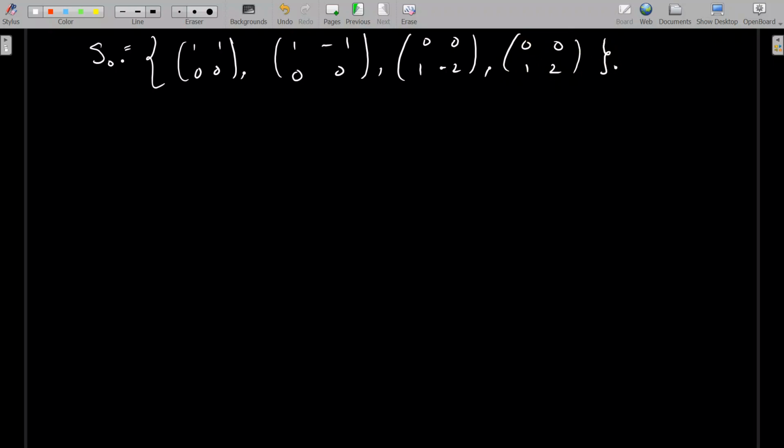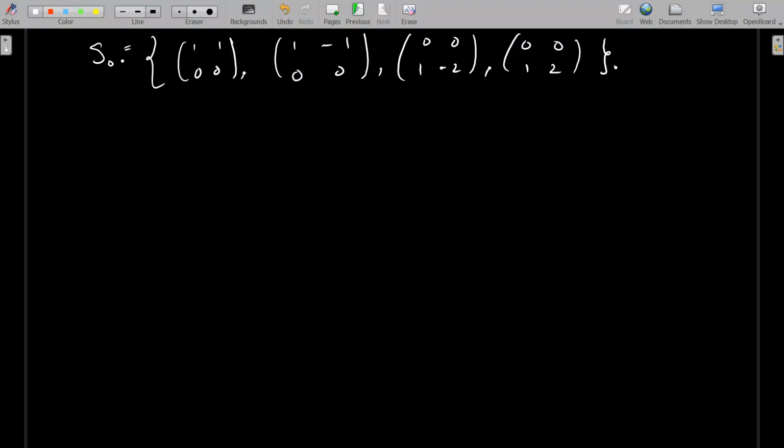To show that some given set of vectors is linearly independent, we have to just write a linear combination of it. And if the only possible way for you to get a linear combination to be 0 is when the coefficients are all 0, then the set is linearly independent.